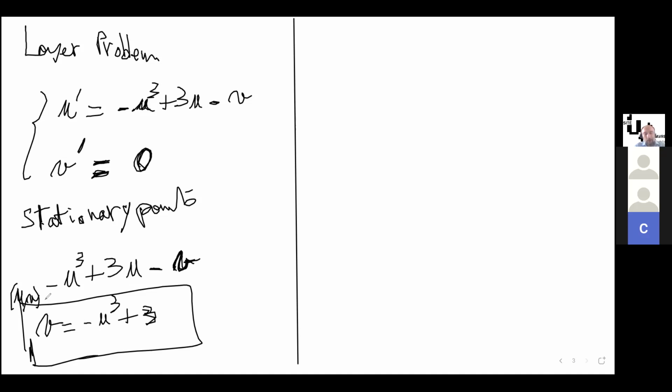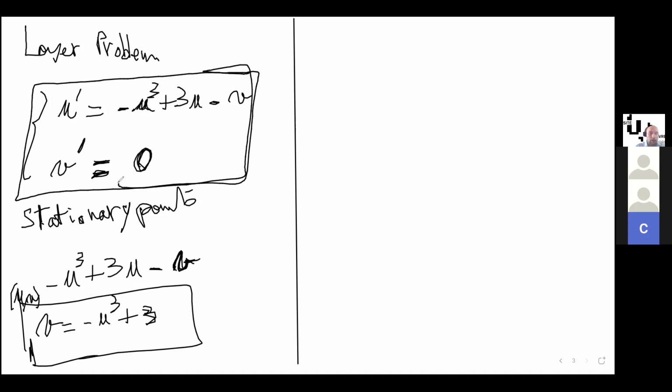Now what I'm going to consider is, for fixed V. So if I look at the system, when V is fixed, I have to consider this equation.